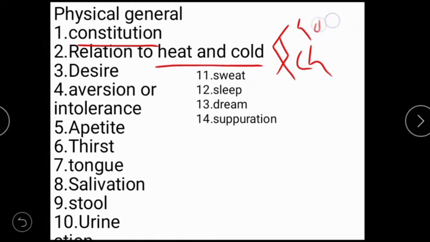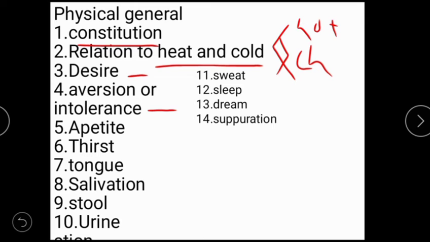Then desire. In the desire, what we study in the physical general is what the person likes most, such as sour or sweet, which type of things they like most. Then aversion, which things they do not like, such as some persons who hate sour or cold.